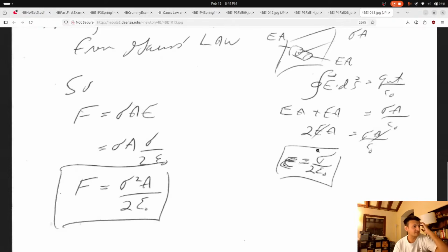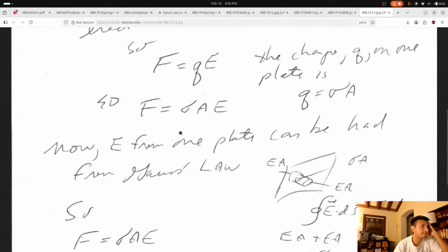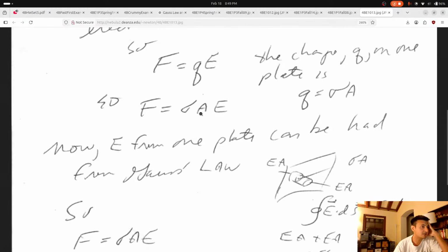Here's Gauss's law. He finds the E field. Then he does QE, sigma A E. Now E from one plate.